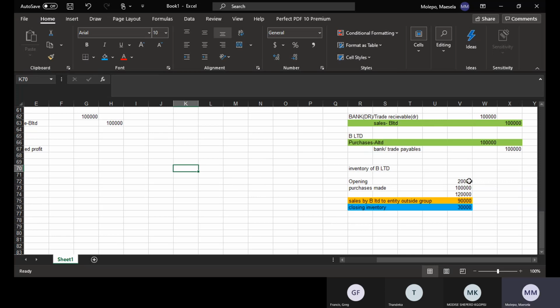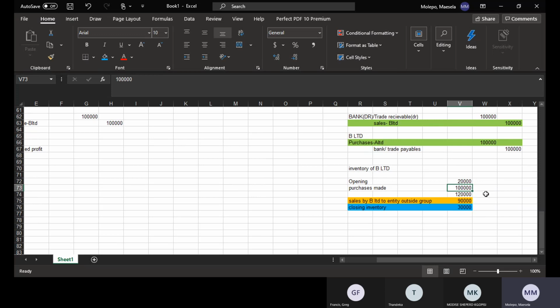I had an inventory of 20,000, which I purchased from A Limited. So I sold it. Out of this 90,000, there is that 20,000 which I realized. And I purchased additional inventory from A Limited, and then I end up selling whatever I'm selling. So now I have the closing inventory of 30,000, which is not yet from the purchases that I made during the year of 100,000. There is 30,000 because I didn't sell.